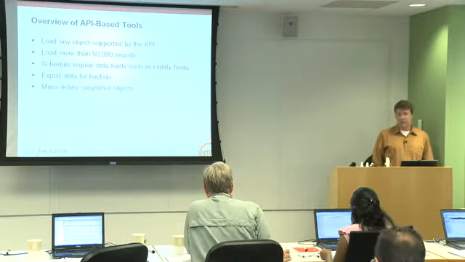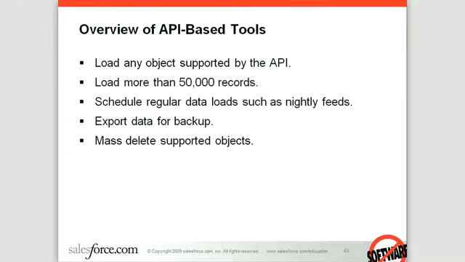The API tools have the ability to load more than 50,000 records, so much larger volumes. You can also schedule these. You could either write your own program which a scheduler launches, or we have a tool called Data Loader, which uses the Web Services API.